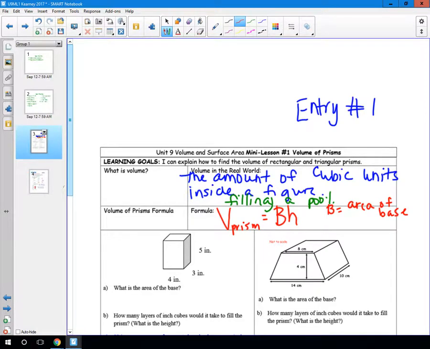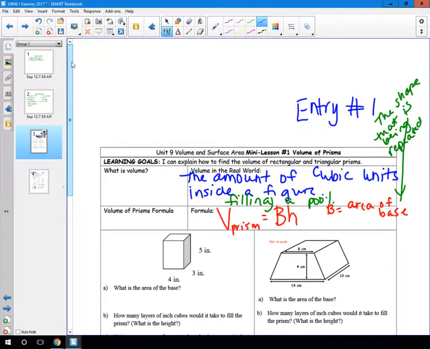Why don't we come up here and make a little note that the base is the shape that is being repeated. Okay, so big B times H. Big B is the area of the base, and H is exactly what you think it is.